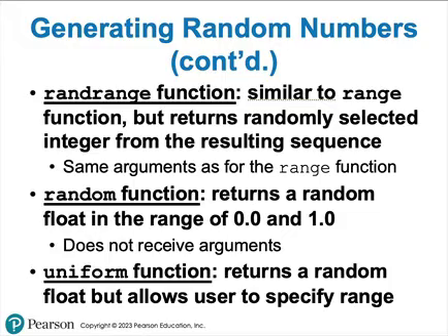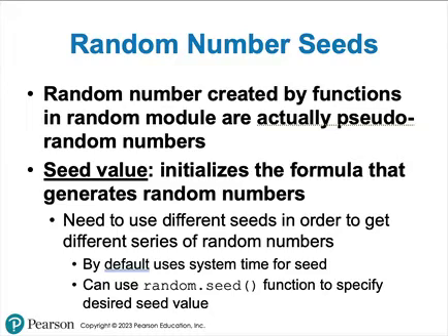So if you needed numbers in the range 10 to 20, you could generate a random number between 1 and 10 and then add 10 to it, and that will shift the range. Uniform allows you to return a random floating point number, but allows you to specify the range.